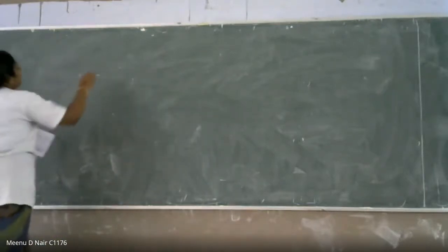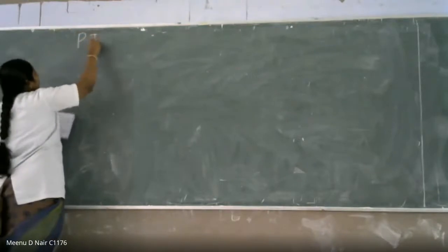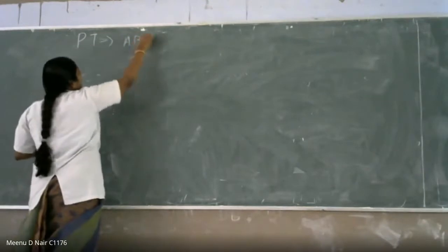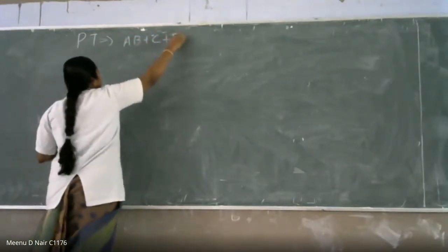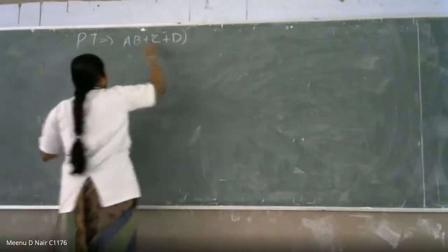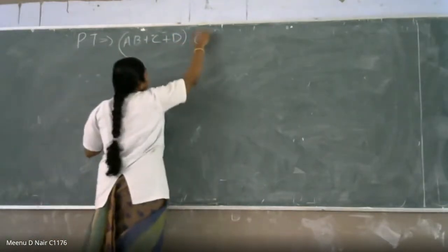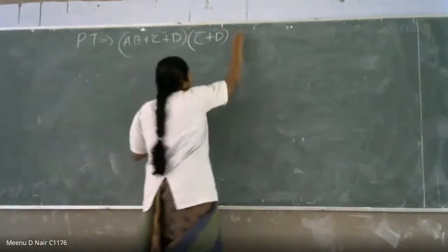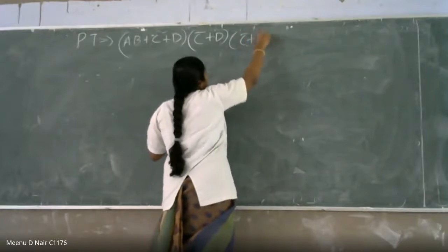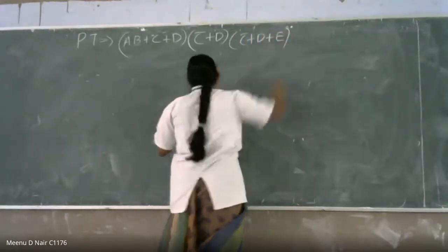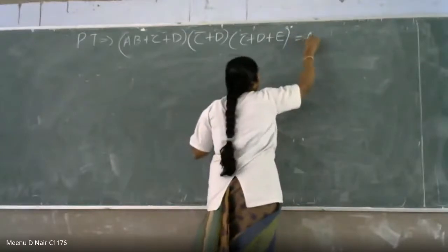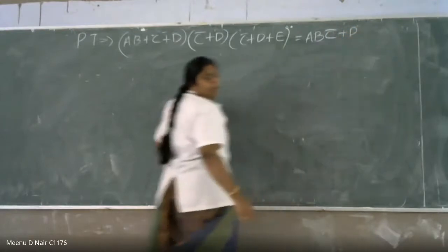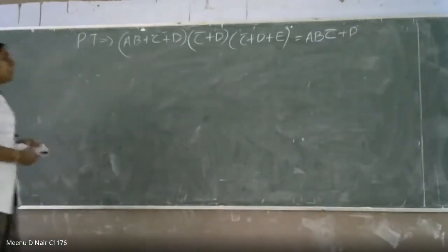Next question, prove that AB plus C plus D into C bar plus D into C bar plus D plus E is equal to A, B, C bar plus D. This is the question.